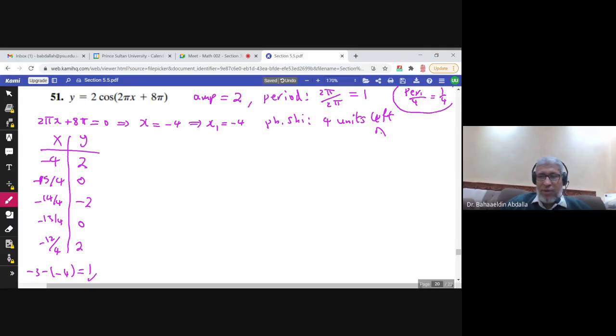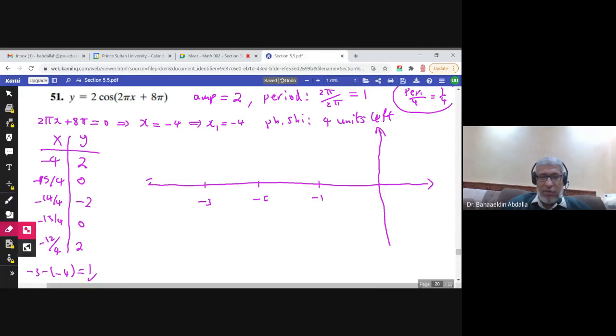But you have to pay attention now, because the unit of measure is 1 over 4, and we need to graph from negative 4 to negative 3. So if this is negative 1, and this is negative 2, and this is negative 3, so this would be negative 4. Okay, so negative 4 is here.